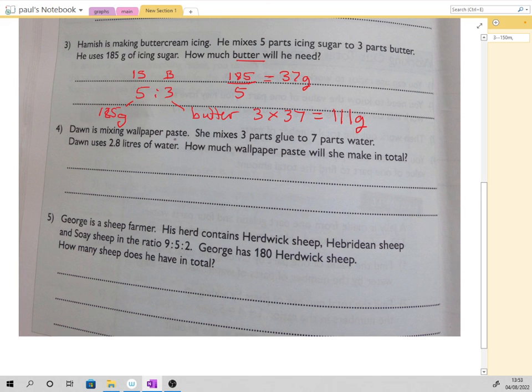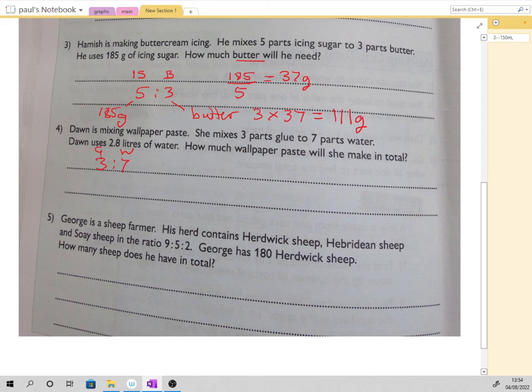Dawn is mixing wallpaper paste. She uses 3 parts glue to 7 parts water. So let's do 3 parts of glue and water, 3 to 7. Dawn uses 2.8 litres of water. How much paste? So this is where we know the water, we need to find the whole thing.